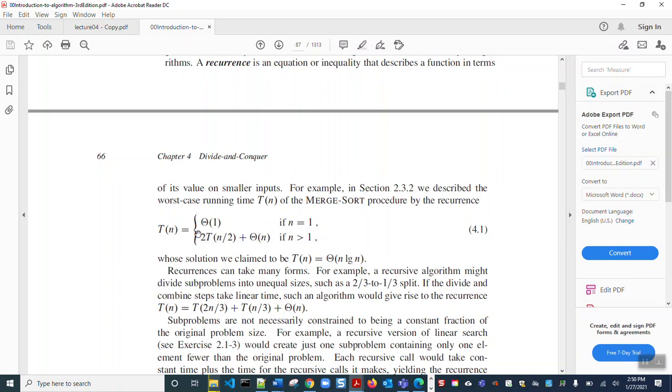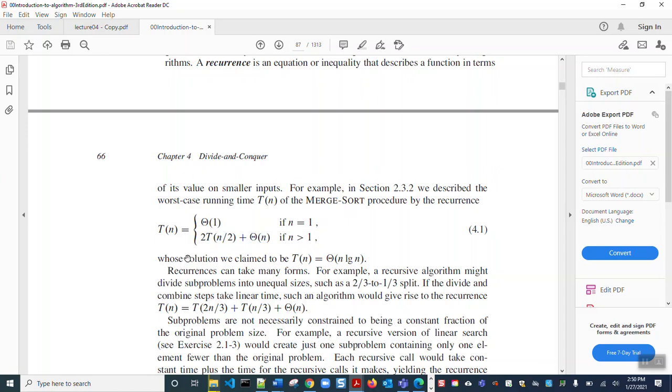Then every time we divide the list into two subparts, each part will have size n by 2, and we have theta n for the total number of operations needed.